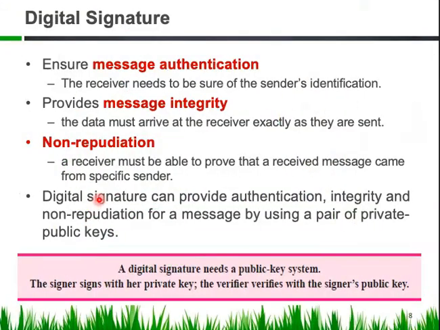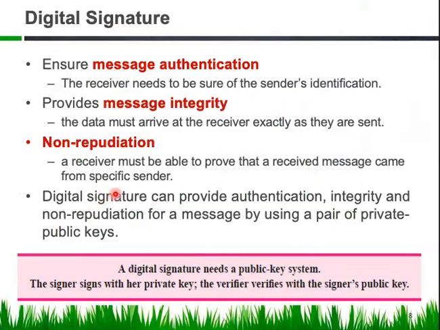Another way to provide message integrity and message authentication is by using a digital signature. It ensures message authentication because the receiver needs to be sure of the sender's identification, and it provides message integrity because the data must arrive at the receiver exactly as it was sent.